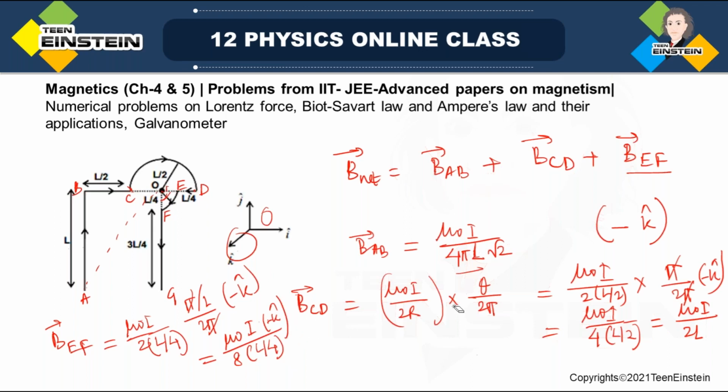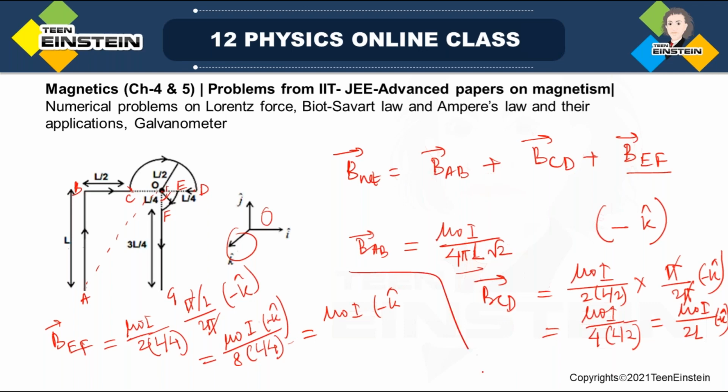Let me erase this part. We have already obtained the value, we'll directly write it. For CD, this is μ0 I by 2L, along the minus k cap direction. Let me simplify it, μ0 I minus k cap divided by 2L again, right?